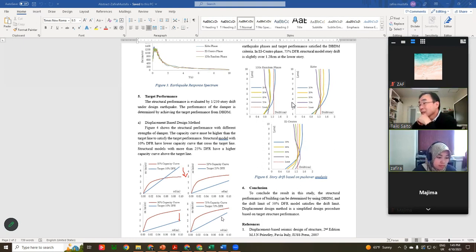The blue line depends on the effective periods that we calculate. Yes, I think we missed something in the middle.